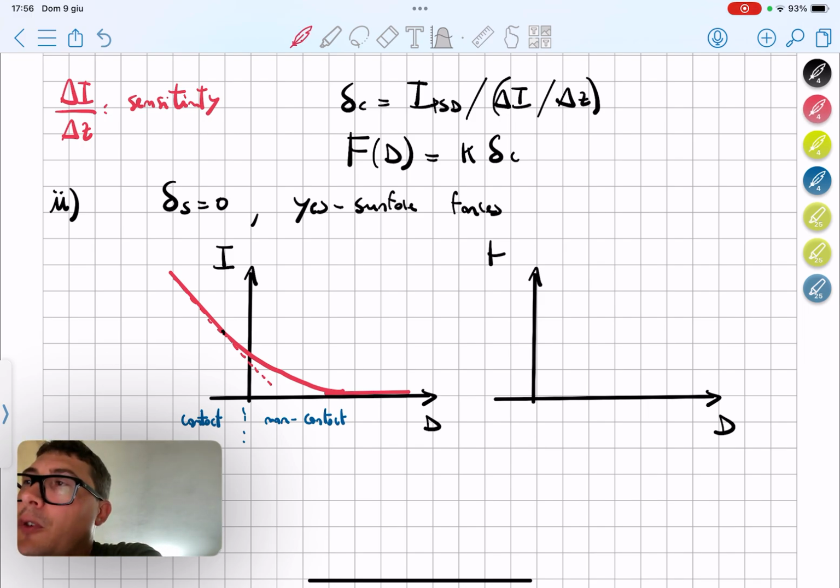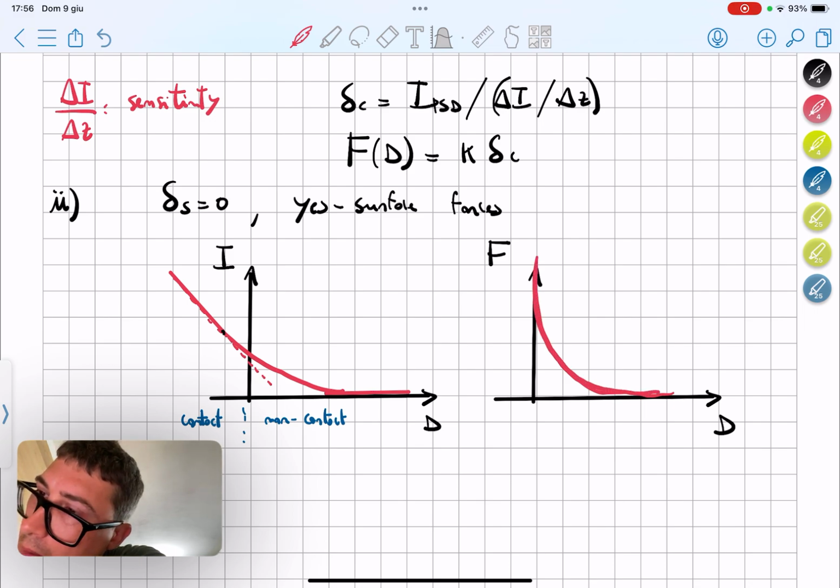And for the force distance curve, we have something like this. As the distance decreases, the force tends to increase. At a certain point it goes up, as the distance is constant, the force increases.